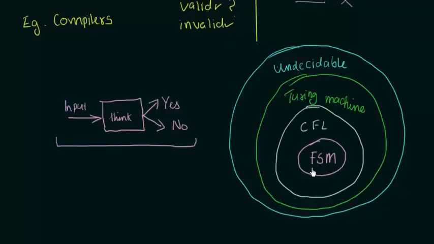In the first layer we have FSM. So what is FSM? FSM stands for Finite State Machine. It is one of the simplest models of computation, and it has a very limited amount of memory and can perform very low level computations and calculations.